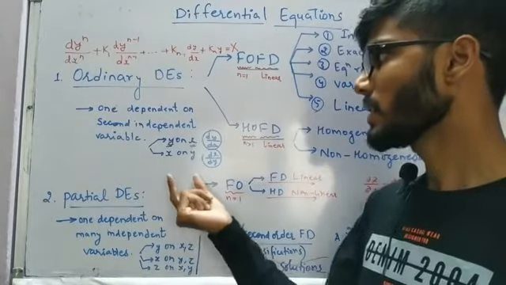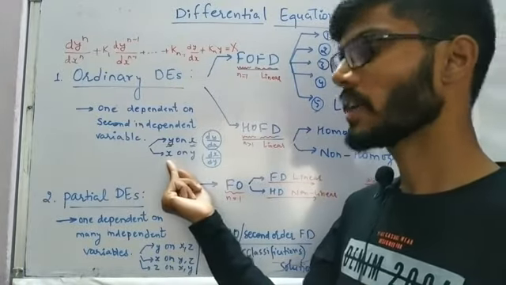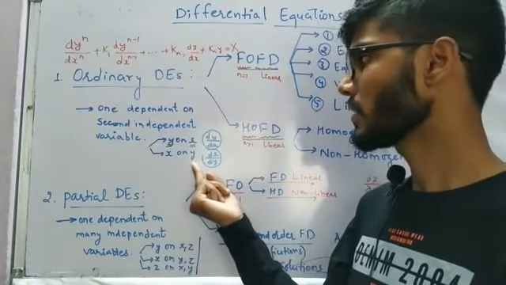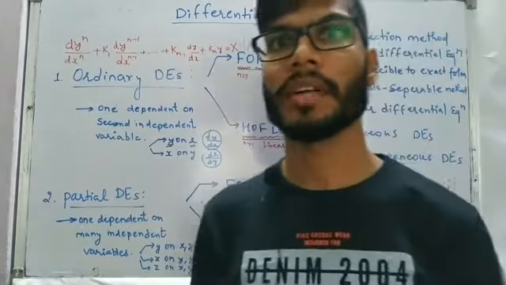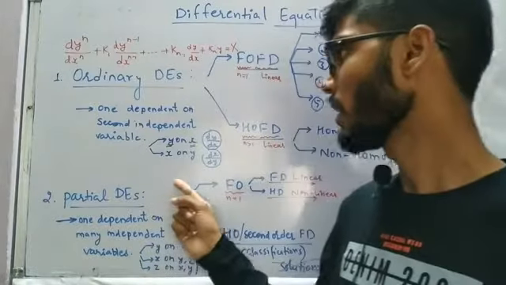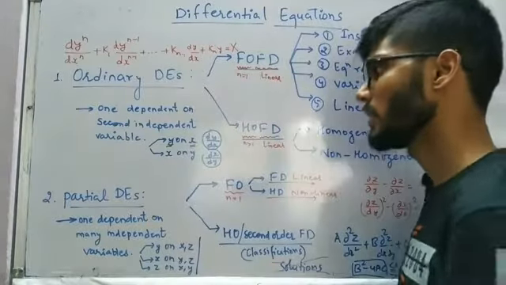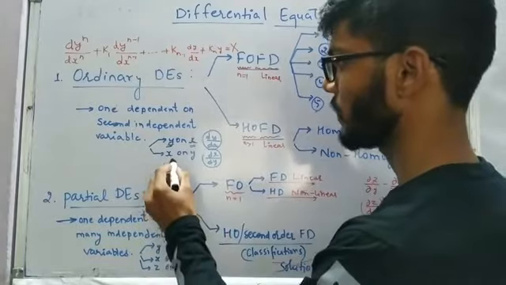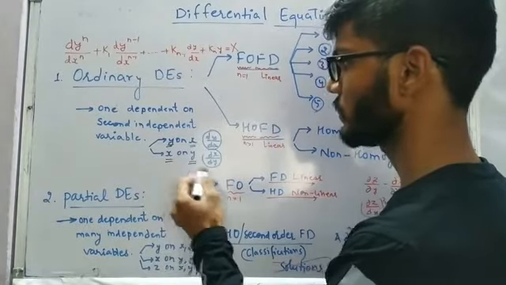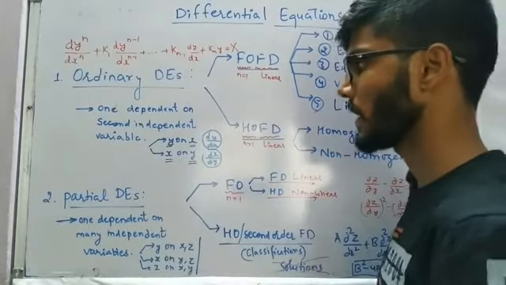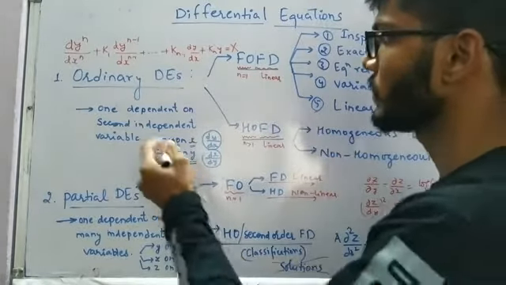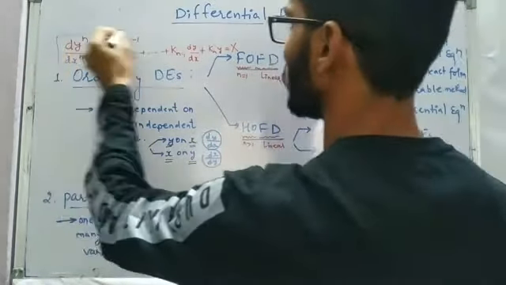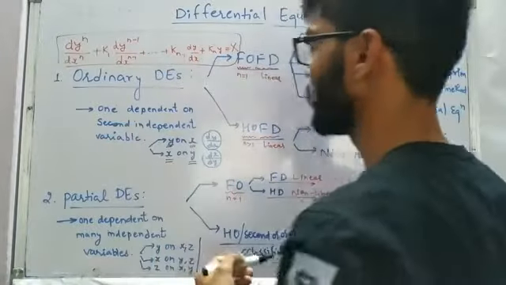Whereas in the other case, if x is a dependent variable, whereas y is an independent variable, the dependent variable x is going to depend on independent variable y. So in that case we can write the differentiation of x with respect to y, as dx upon dy.